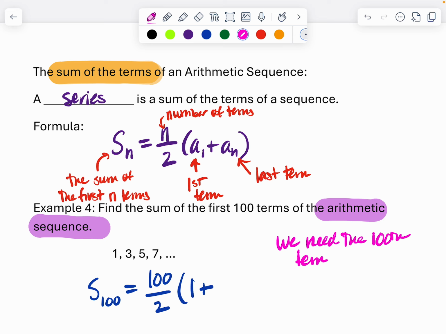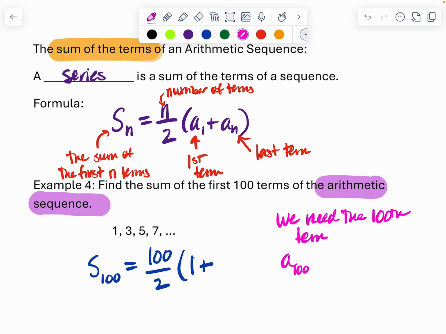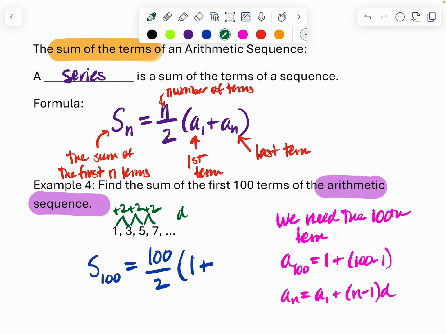Well, that's easy to do. We have a formula for finding terms. Remember, a sub n equals a sub 1 plus n minus 1 times the common difference. So in this scenario, our first term was 1. This is going to be 100 minus 1. And then what is our common difference here? What are we adding each time? From 1 to 3, that's plus 2, plus 2, plus 2. So our common difference is 2.